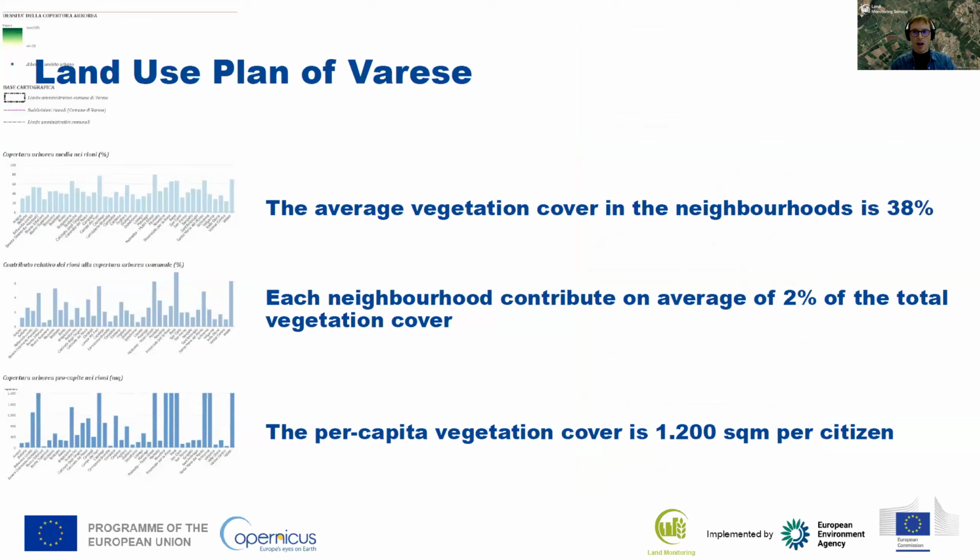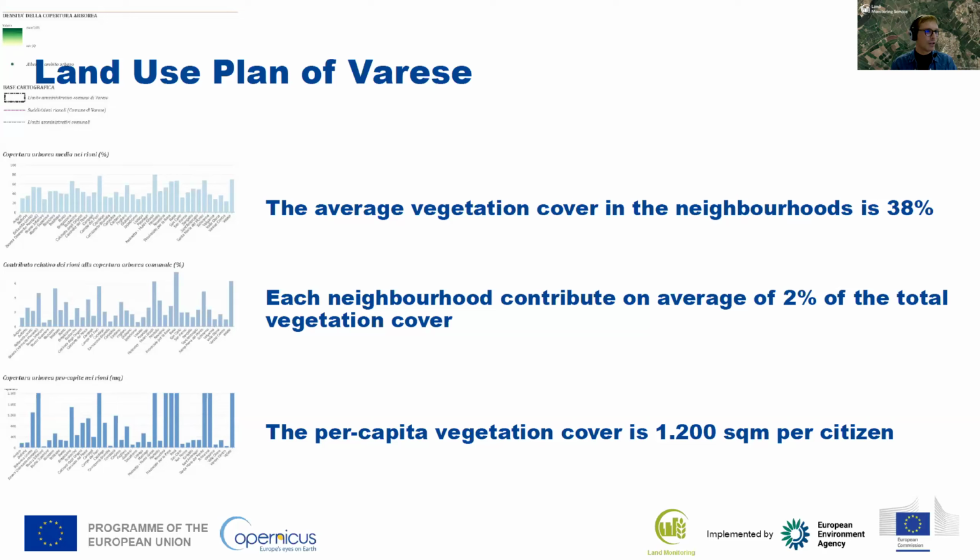Varese is placed right below the lake area, as we call it in Lombardy. So it's a city which is labeled as a città giardino, a garden city. And we were checking, empirically speaking, whether it's true that they call it a città giardino.